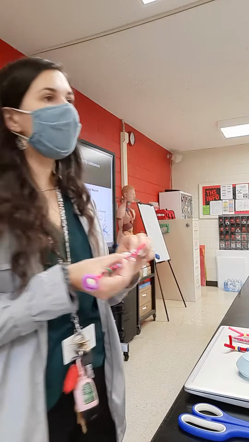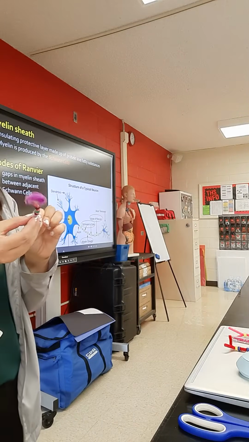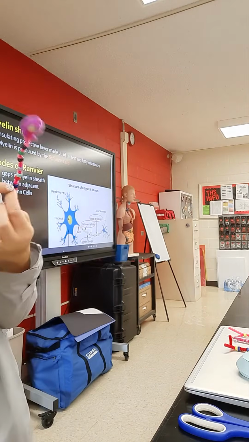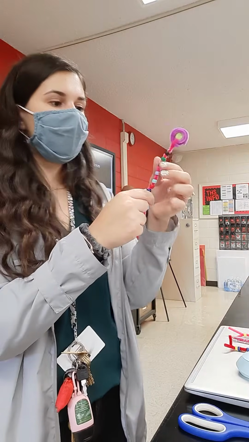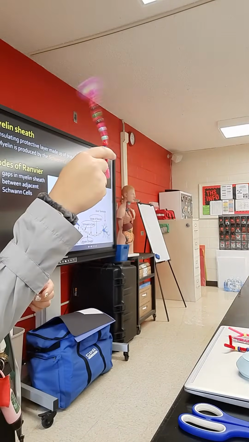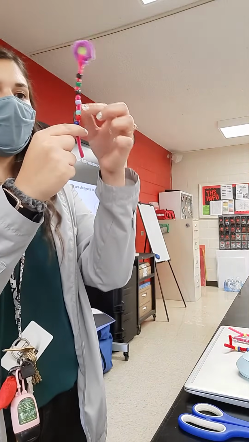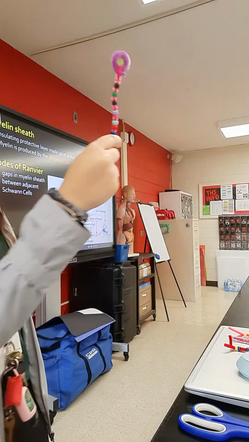Okay, your myelin is produced by a type of cell called a Schwann cell. And then in between all of your little myelin pieces, you'll notice that there are gaps. Those gaps are called your nodes of Ranvier.